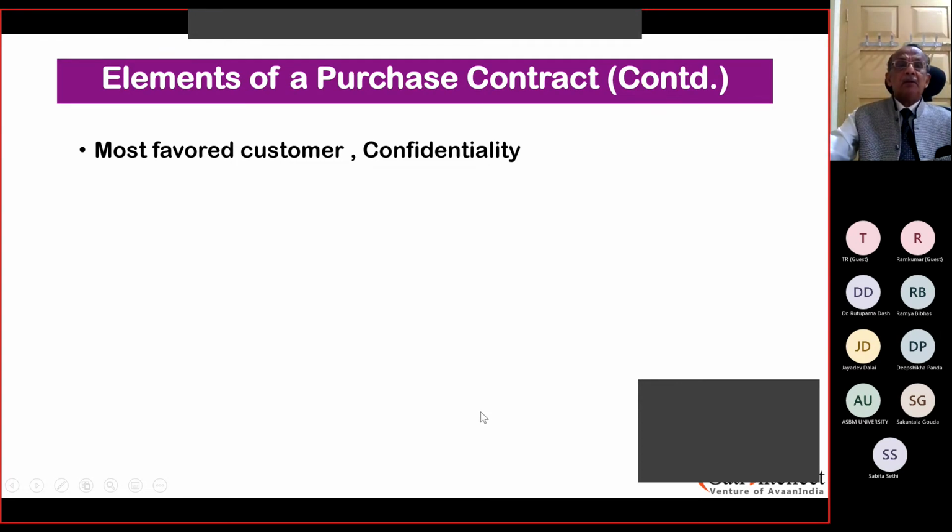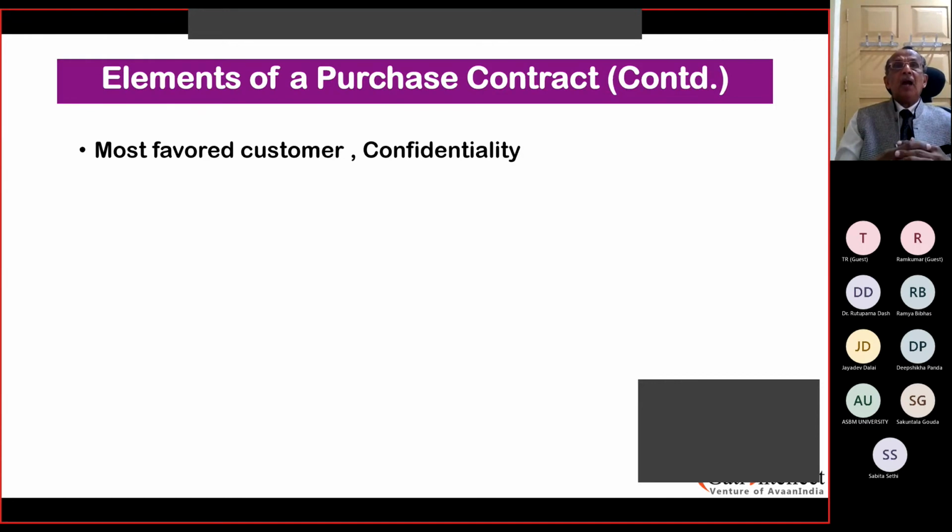Now this is something called most favored customer, let me give an example. In Saudi Arabia, Saudi is a very large country. It has lots of local manufacturing companies as well. For them, import is carried out without payment of customs duty, because they get exemption for that. So they do manufacture locally.